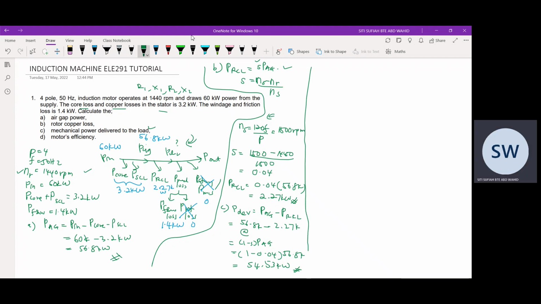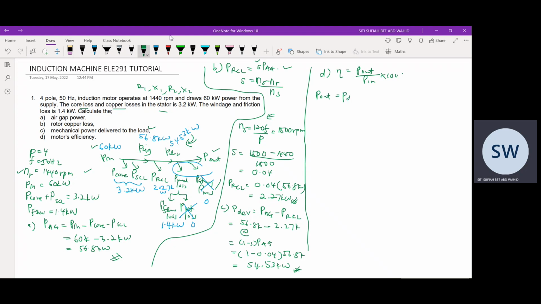Okay, moving on to the last one, the motor's efficiency. Efficiency is P out over P in times 100. Okay, so we have our P in, you just need to find the P out. After answering question C, you now know the value of your P developed, that is 54.53 kilowatt. You also know the losses value, therefore you can calculate your P out.